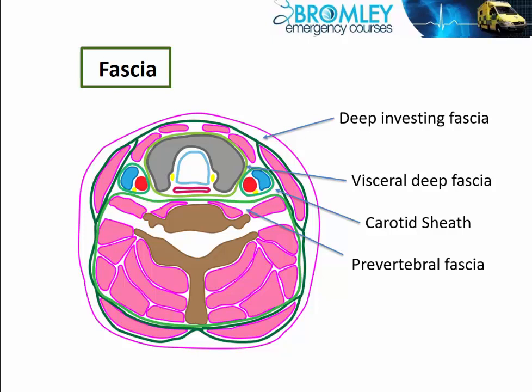You also notice that in front of the back of the visceral deep fascia you've got the esophagus, and if you just focus on that space between the flattened purple esophagus and the visceral deep fascia just behind it, again you've got another potential space there, and that's the retropharyngeal space, and we're going to come across that in a few moments. So there's a couple of spaces there that are important. They're both potential spaces. They normally have no structures in them, or very few structures in them, but they can be important in the passage of infection. So those are the main four divisions of the deep fascia of the neck.